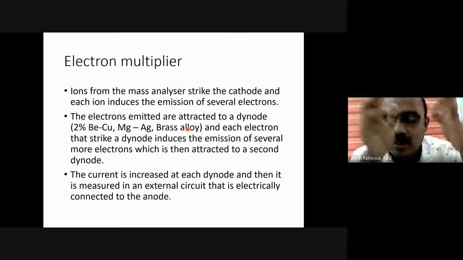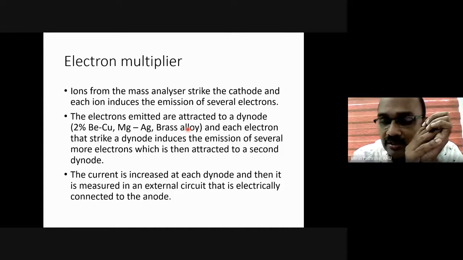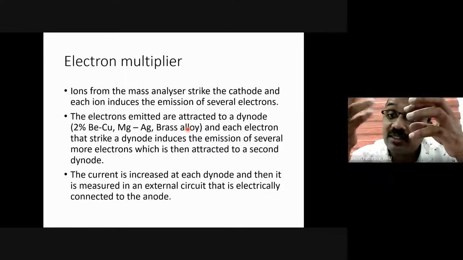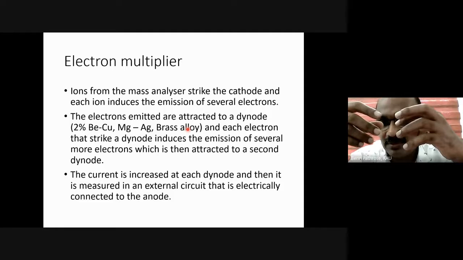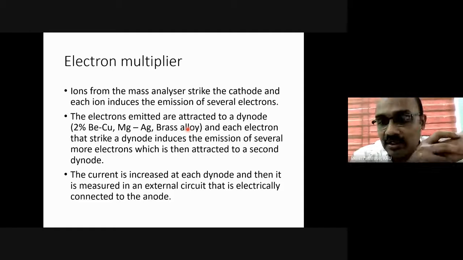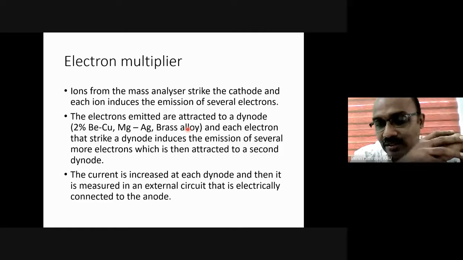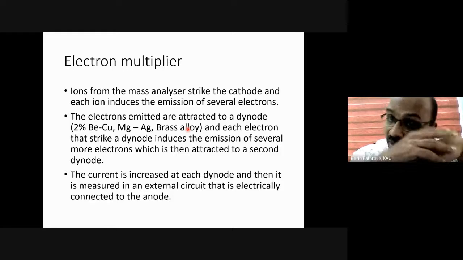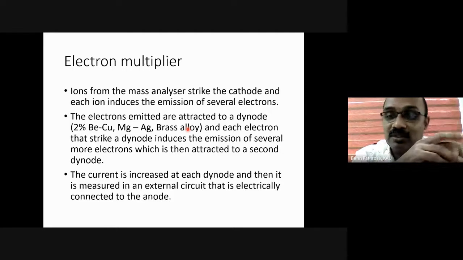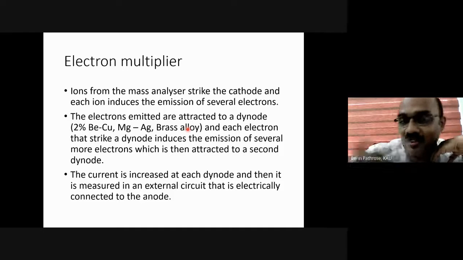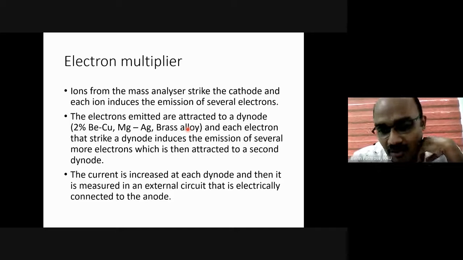And every company advertises its instruments with the fastest switching of voltage. If it switches the voltage fast, it will be able to more precisely select the compounds based on m by z ratio. And certain companies have the ability to very quickly scan the entire range of voltage. Everything varies.